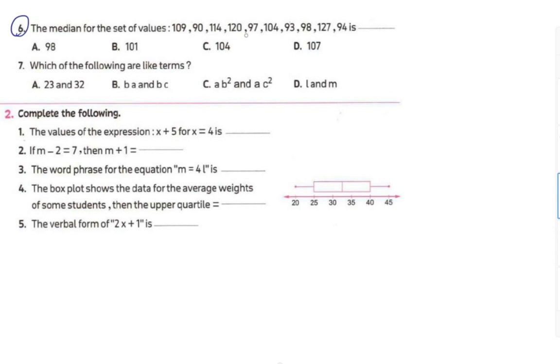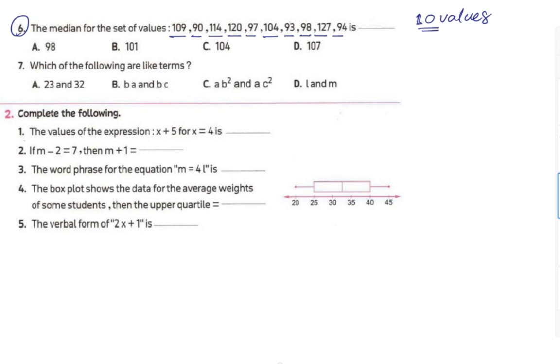But if the number of values is even, you find two values, add them, and divide by 2. Look here, we have 1, 2, 3, 4, 5, 6, 7, 8, 9, 10. We have 10 values. So the median needs adding two of these values divided by 2.